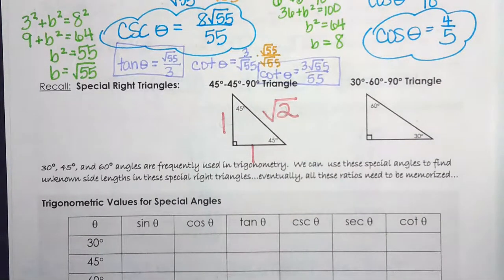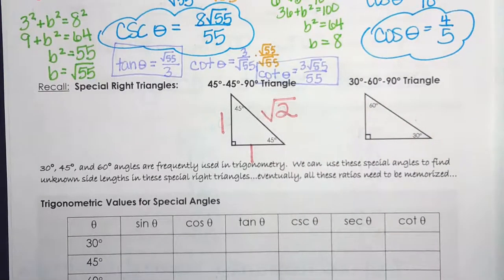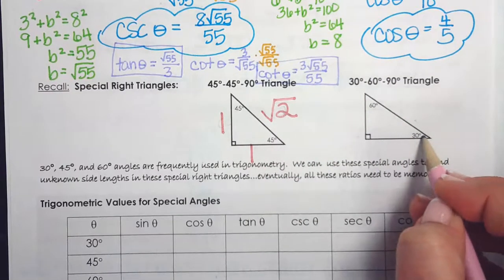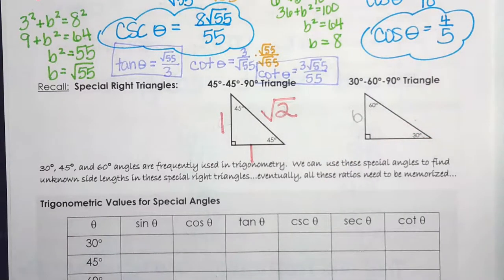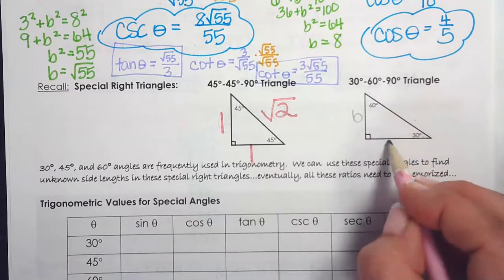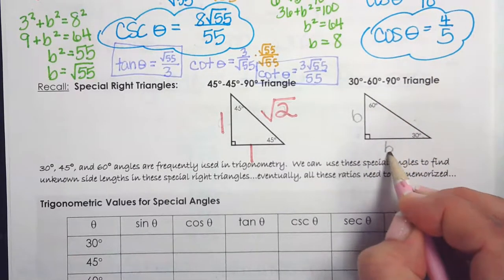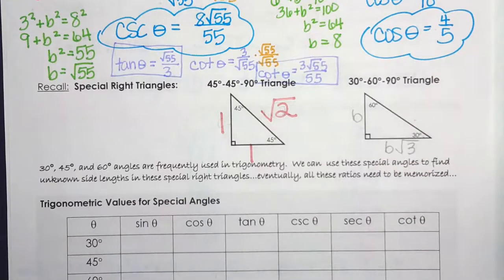Then there was the 30, 60, 90 triangle. And the 30, 60, 90 triangle, maybe you guys learned that across from the 30, we labeled that B. Do you remember what was across from the 60? B root 3.